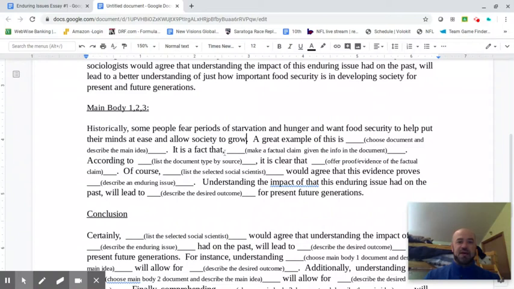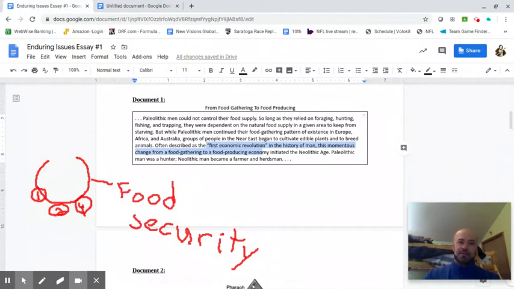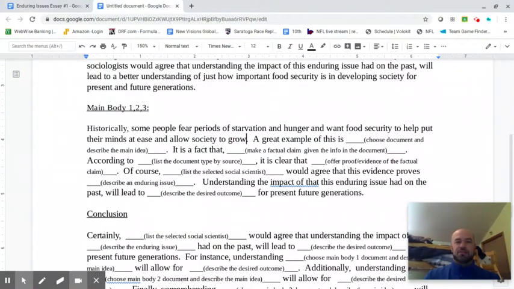It is a fact that, and this document has some very clear facts here about Paleolithic men moving from food gatherers to more of a Neolithic man where they are food producers and they cultivate edible plants and breed animals, right? So that's the type of information that you'd stick in there as a fact.